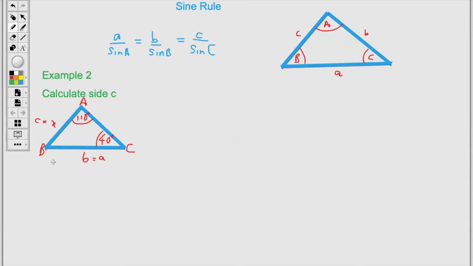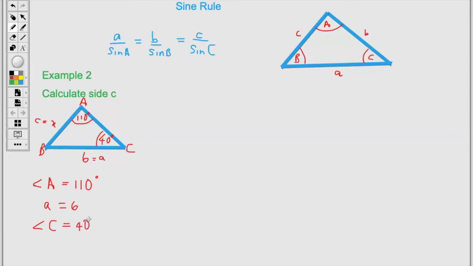So let us write the information that we have. Listing them as follows, I have angle A, that's 110 degrees. We also have side a, that is 6. We have angle C, that is 40 degrees.